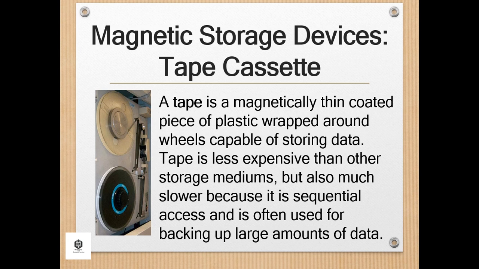Today, tape has mostly been abandoned for faster and more reliable solutions like disk drives, hard drives, and flash drives that are all direct access, and cloud storage. The image is an example of magnetic tape taken by Ken Pei and shared under the Creative Commons.